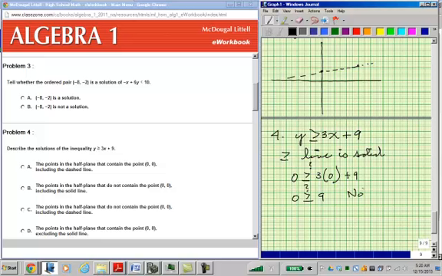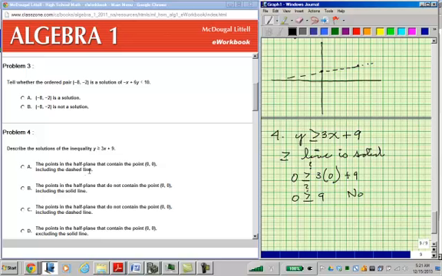Now A refers to a dashed line, and it says that it includes 0 there. So A is out. The line isn't dashed, for one thing.